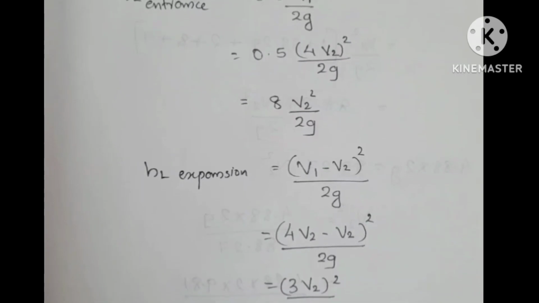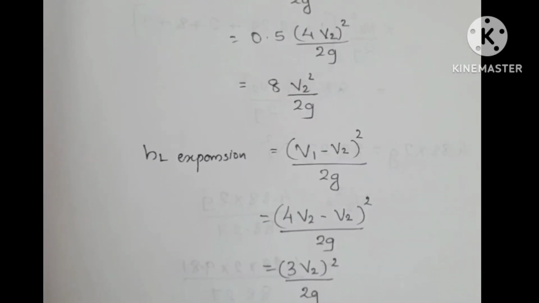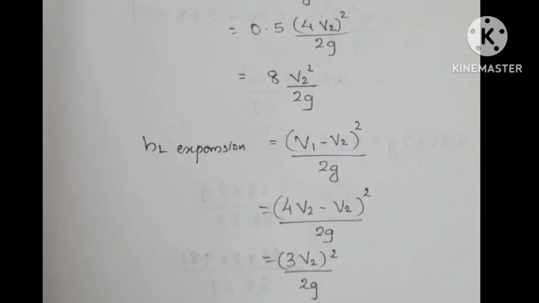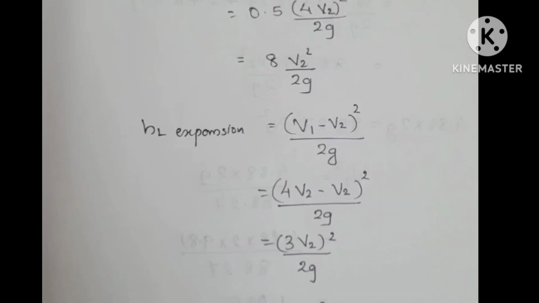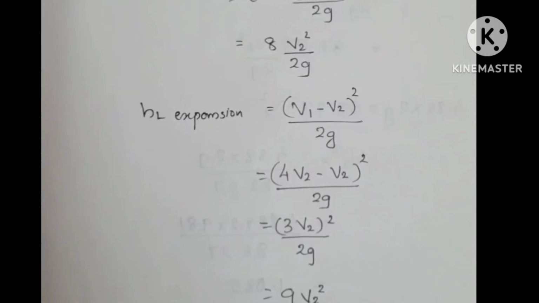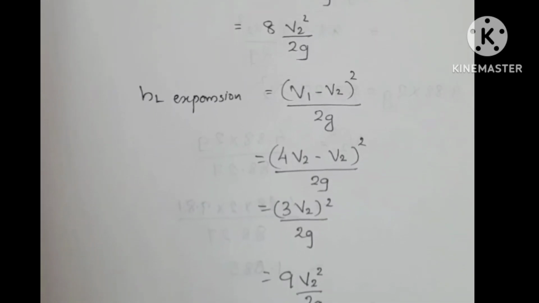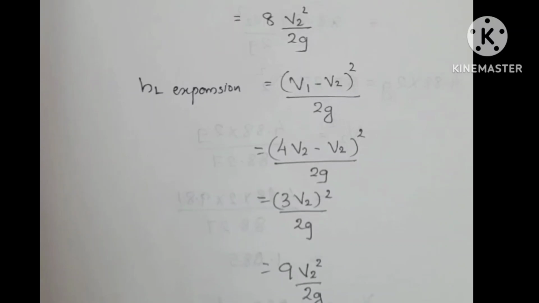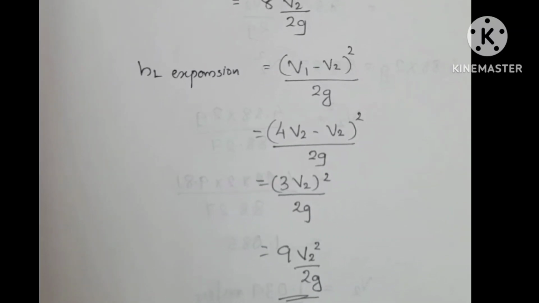On substituting we get 8 V2 square by 2G. Finally we have to find out head loss due to sudden expansion, that is found out using the formula V1 minus V2 the whole square by 2G. On substituting the value of V1 as 4 V2, we get HL due to sudden expansion is 9 V2 square by 2G.